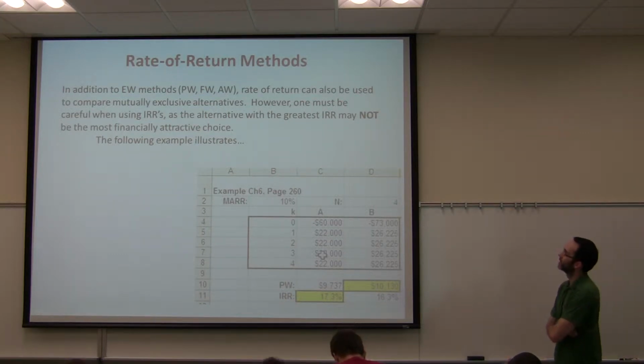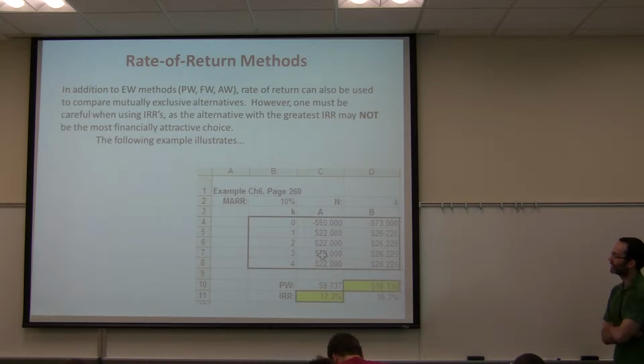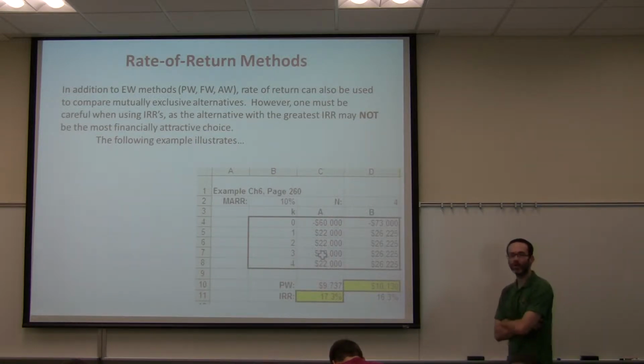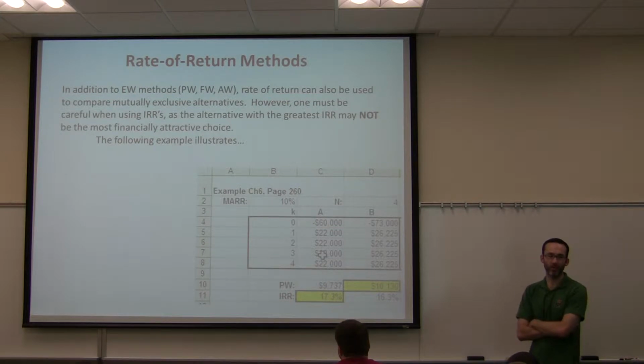So one interesting thing to look at is that internal rate of return is not a good way to compare alternatives. What we said is that you can use any one of the equivalent worth methods. You can use future worth, present worth, or annual worth, and any one of those is going to identify the best alternative.